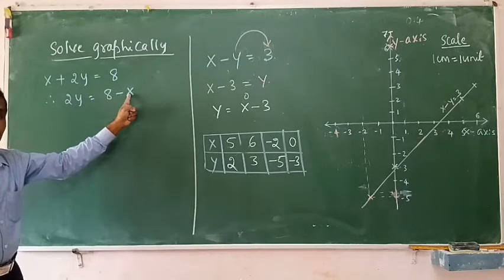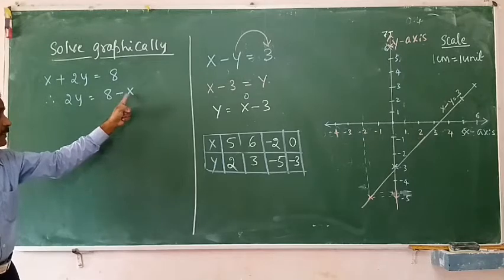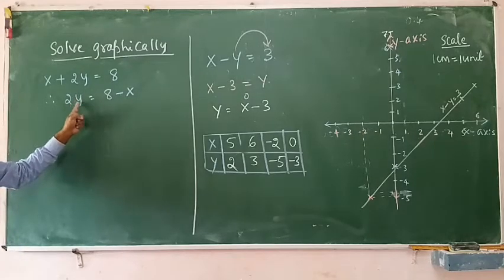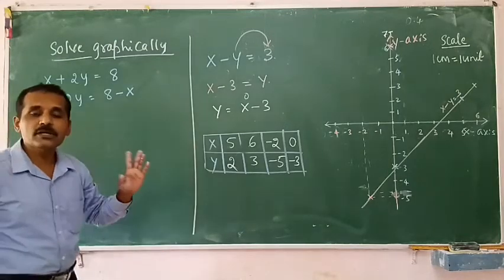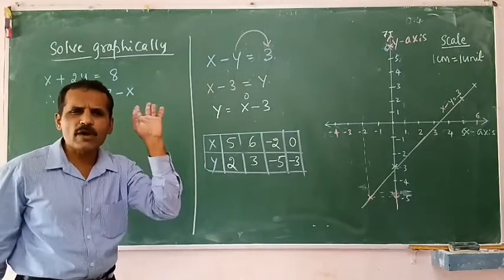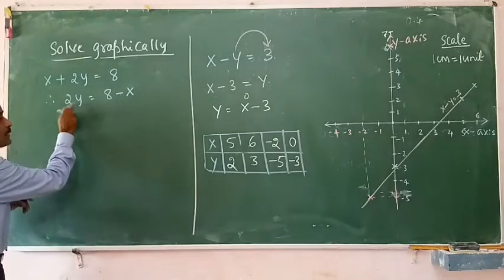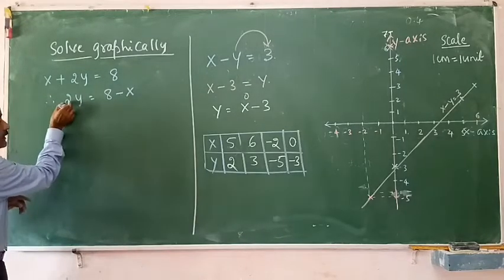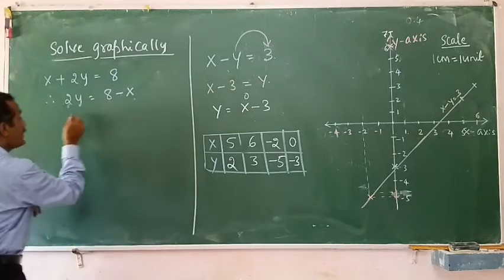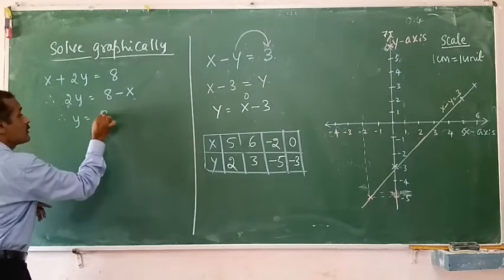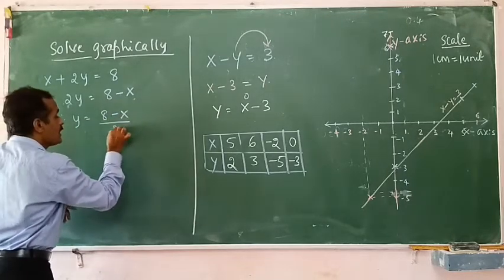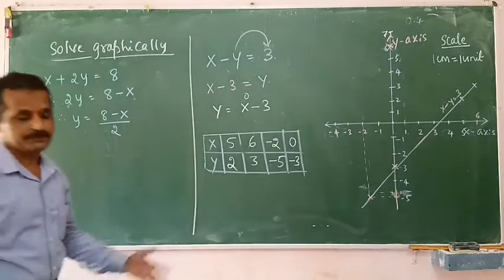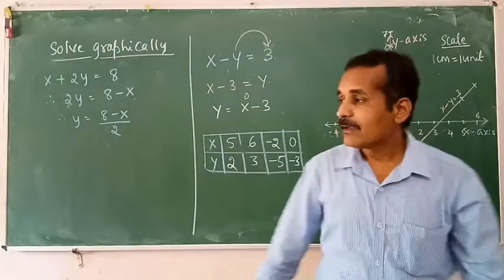Okay. Then what happens? Now y alone is not there; along with that, 2 is there. I don't want that 2 in the LHS, only I want y. So this is a multiplication, 2 into y, so that 2 I can bring to the denominator. I can say y is equal to (8 minus x) divided by 2.